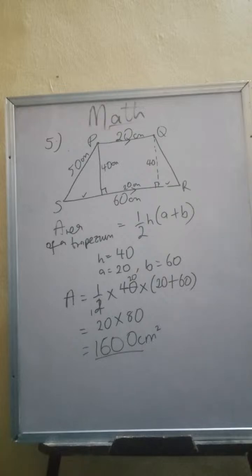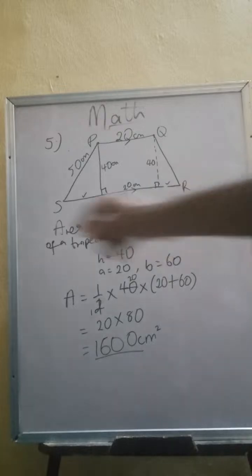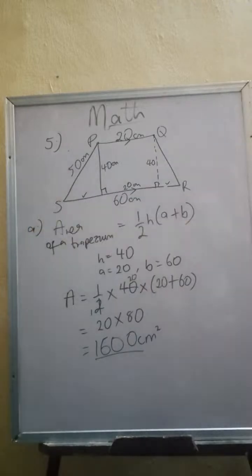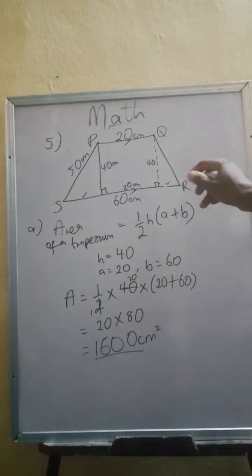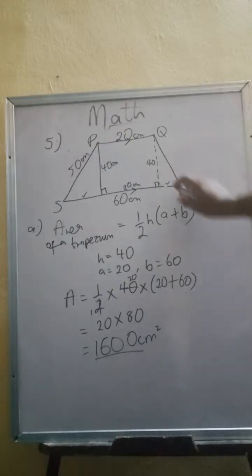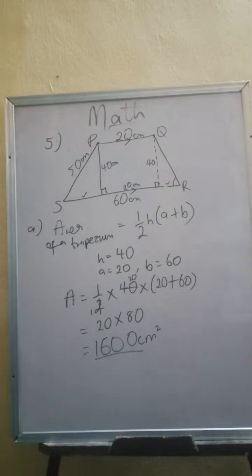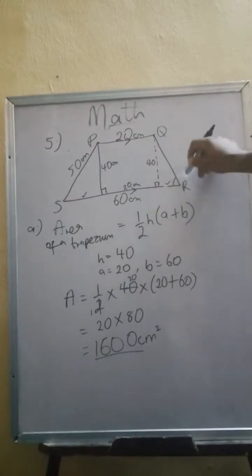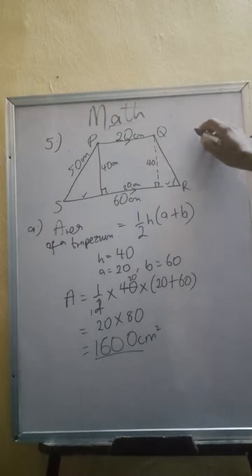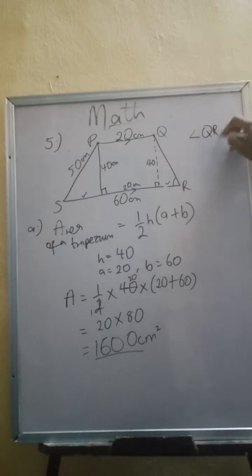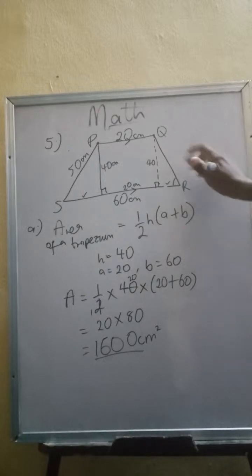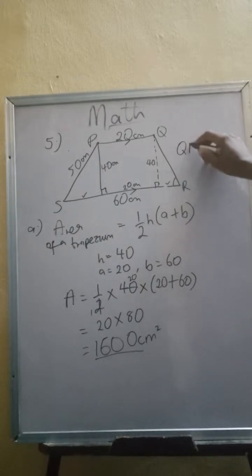Now it's up to us to find B. This is A. It has been sorted out. Now what about B? B says find this angle. Find angle QRS.